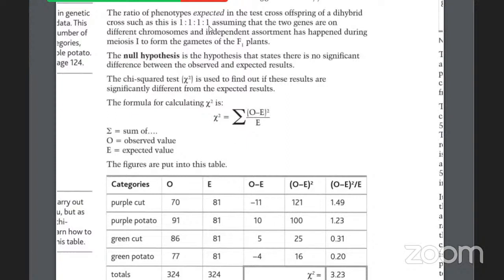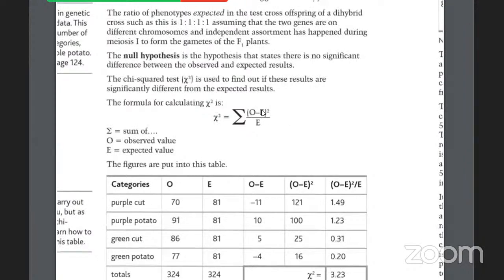In the monohybrid cross we did, with the 3-to-1 ratio, you apply the ratio to one number. In this case, it was 324 plants. Since the ratio is 1-to-1-to-1-to-1, everything has to be equal. This is our expectation.